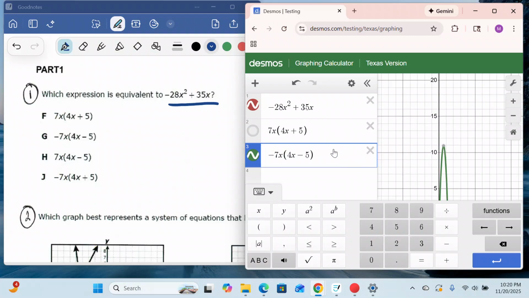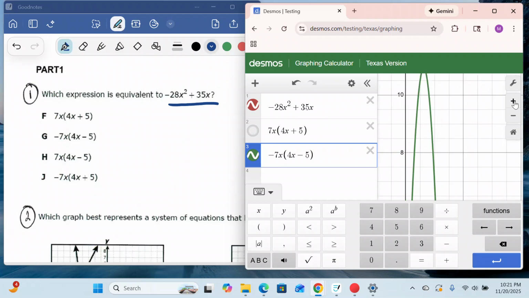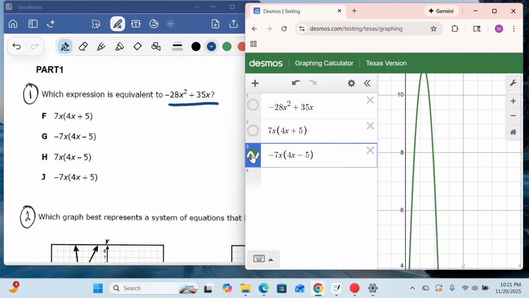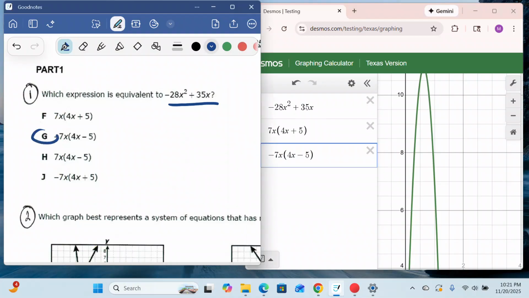Of course, I would check H and I would check J. Sometimes the graph does look very close, but if I click the red one, the green one would stay. I would click the red one, it should be there, and I unclick the green one and it should stay. So automatically the answer choice is negative 7x, so my answer choice would be G.